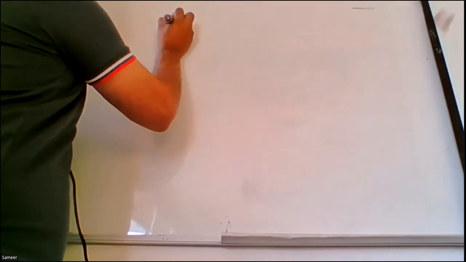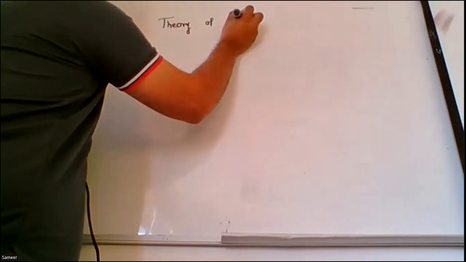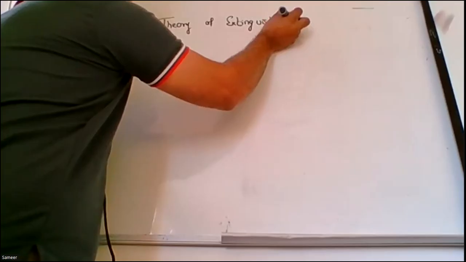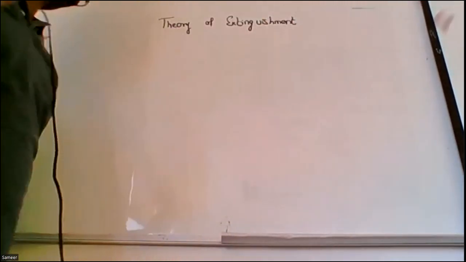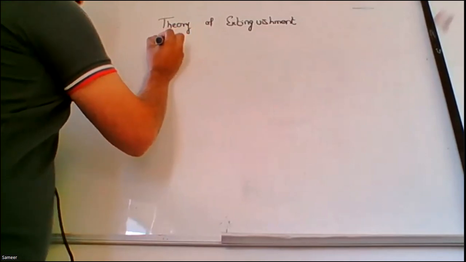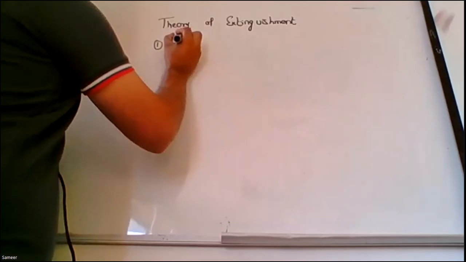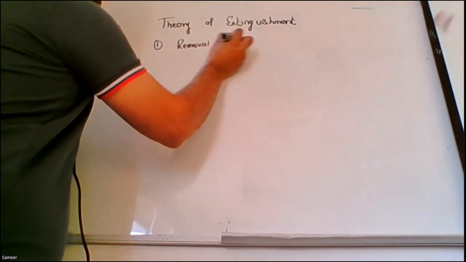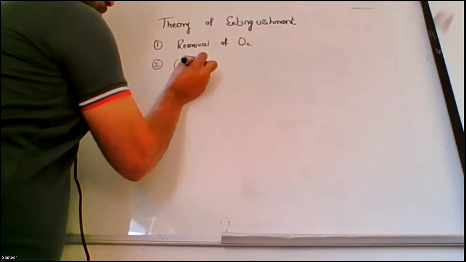Also known as the theory of extinguishment. There are four ways in which we can extinguish the fire. First is removal of oxygen. Then providing a cooling effect.